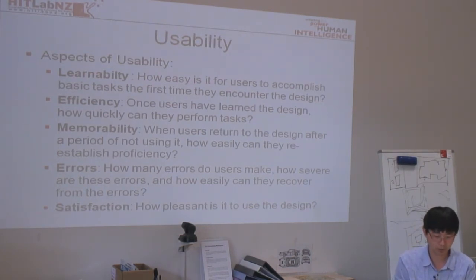So those are aspects of errors. And satisfaction is how pleasant it is or how much they like it, how they find it nicely designed. It also includes some aesthetic aspects of the user interface as well. So those are common aspects of usability they look into.